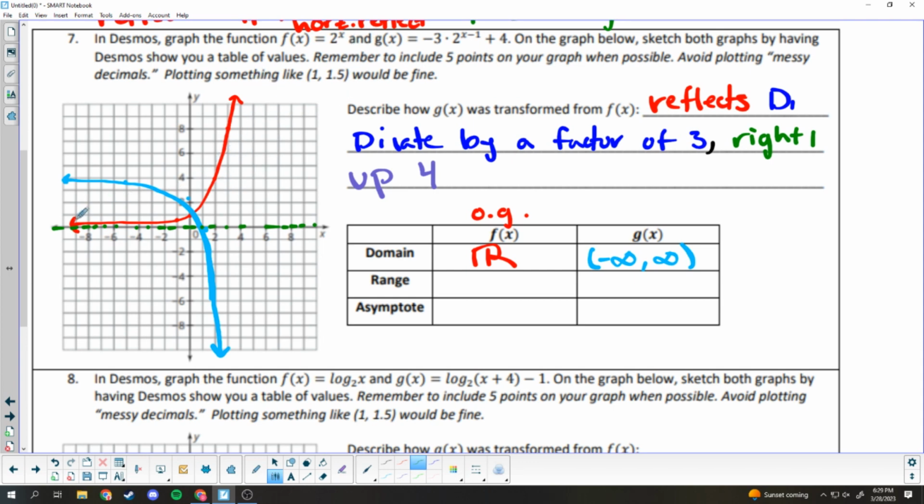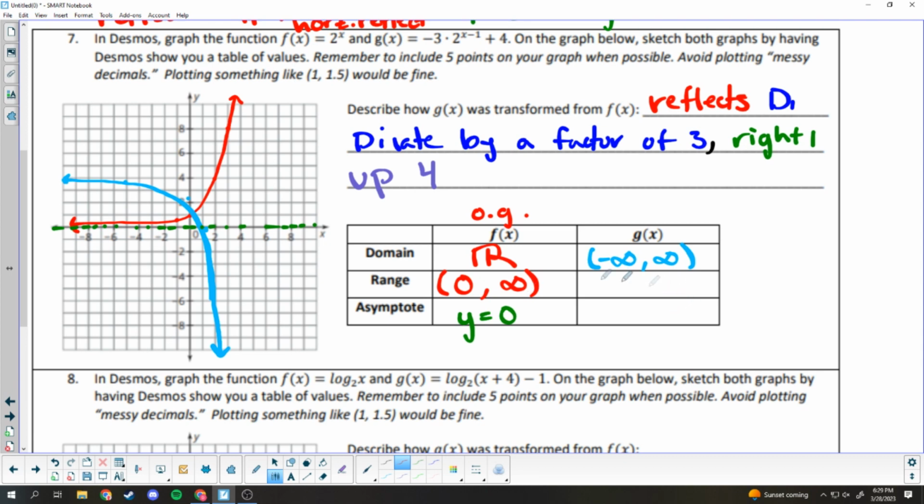And so there's an asymptote at y equals 0, which means the range goes from its lowest point, 0, to its highest point, which it can certainly go up forever, right? This line is pointing up, which means it can certainly hit positive infinity in the y, okay?